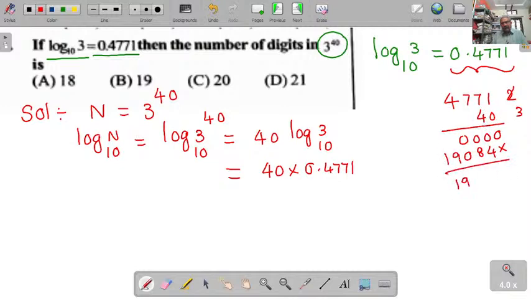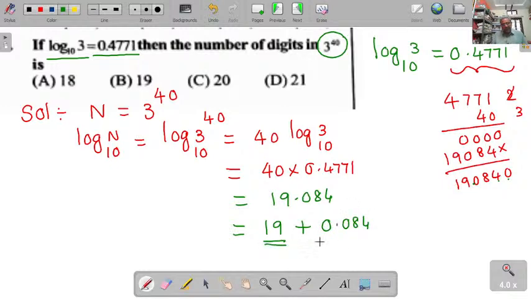So that is 190840. How many decimal places do we need here? 1, 2, 3, 4 places. So this is equal to 19.084. So the logarithm consists of two parts, the integer part plus the decimal part 0.084.